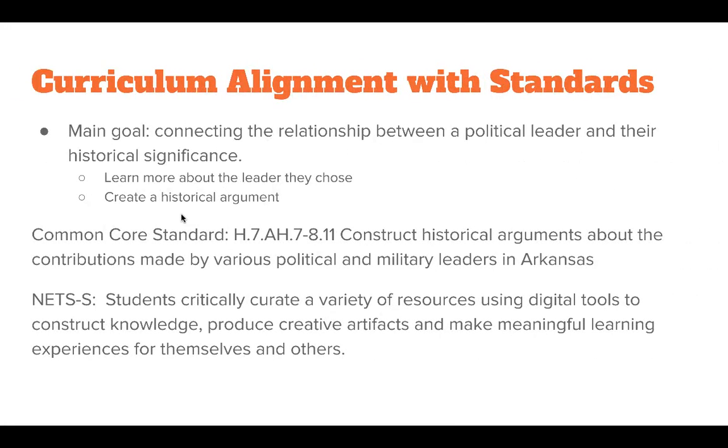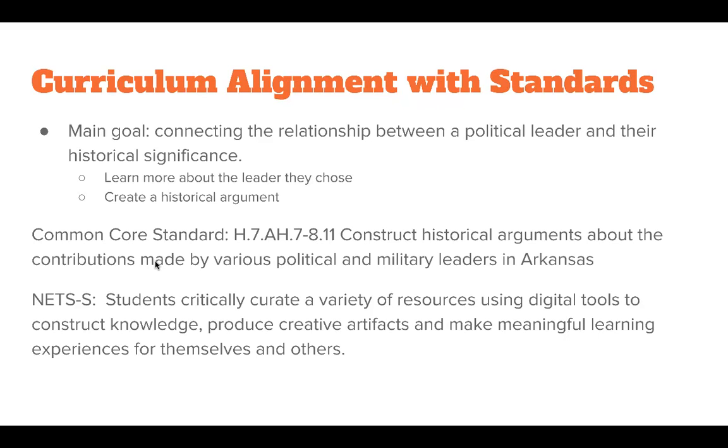The curriculum alignment was standards. The main goal of the lesson was connecting the relationship between a political leader and their historical significance. So you learn more about the leader they chose and they create a historical argument. The Common Core standard that it aligns with is construct historical arguments about the contributions made by various political and military leaders in Arkansas.